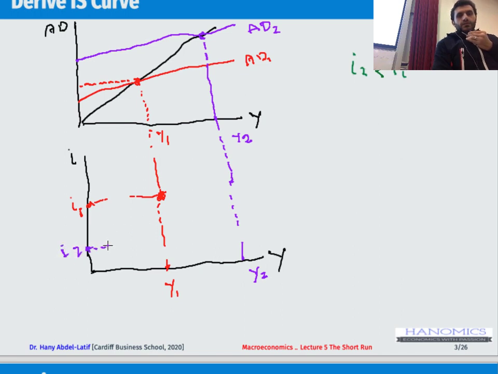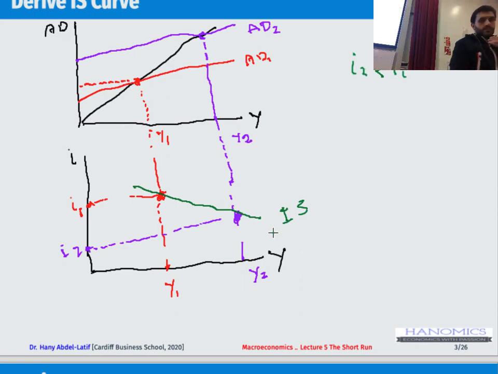So if you find this point, which combines these two: I1, Y1 is this point. So this point is I2, Y2. If you connect these two together, this will give us the IS curve.